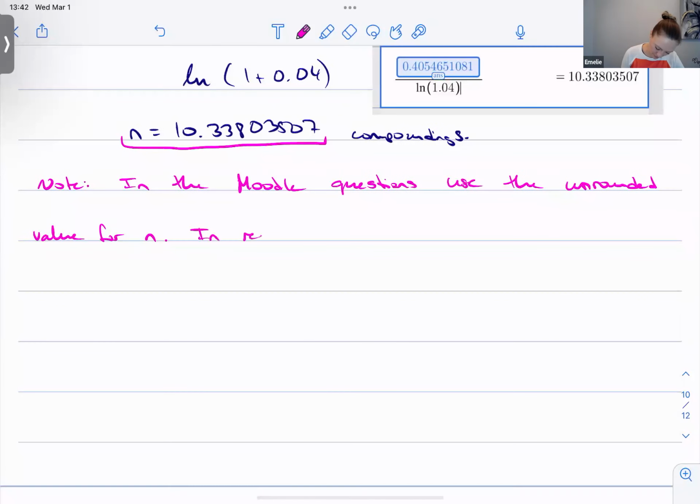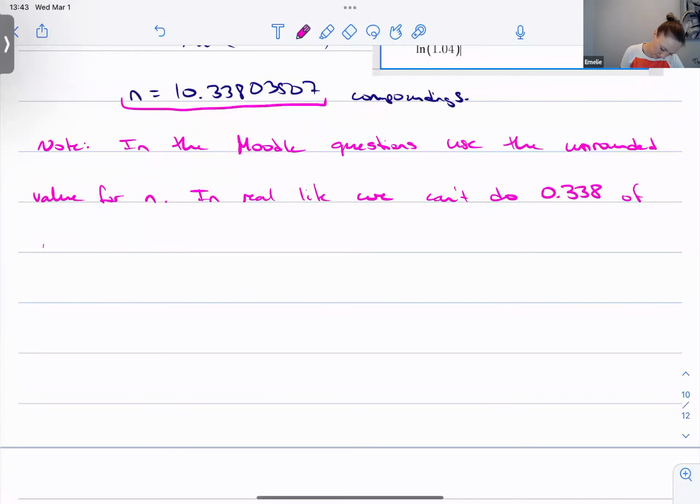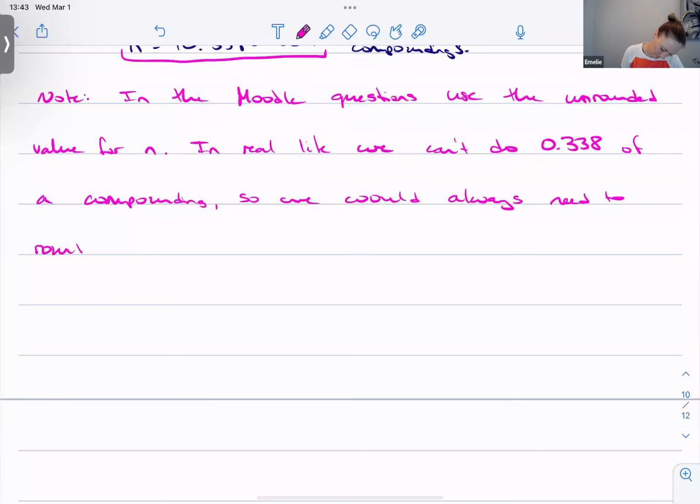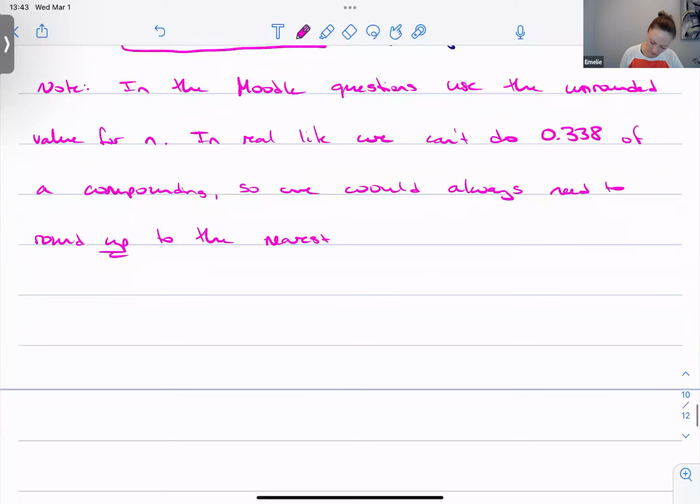In real life, we can't do 0.338 of a compounding, so we would always need to round up to the nearest compounding, the nearest value of n.